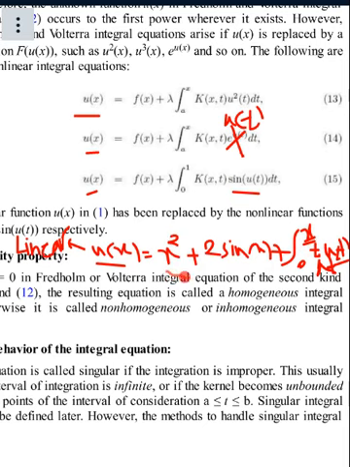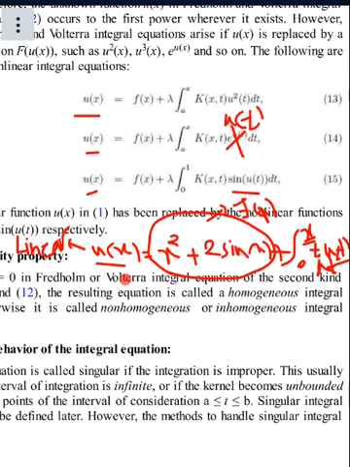Here the whole expression that I circled is f of x. I replaced f with a special example. So this is a linear Volterra integral equation of the first or second kind.